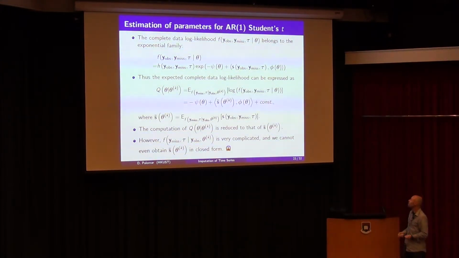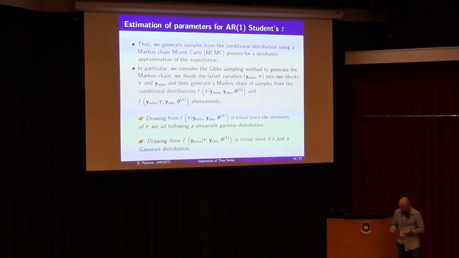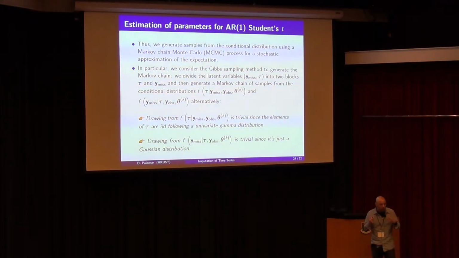But anyway, there are techniques to do it. We cannot even generate realizations of this distribution, but there are some techniques: Markov chain Monte Carlo methods. In particular, we use here the Gibbs sampling method. Instead of generating jointly all the hidden variables, which are in this case the taus and the missing values, which we don't know how to do, we use Gibbs sampling.